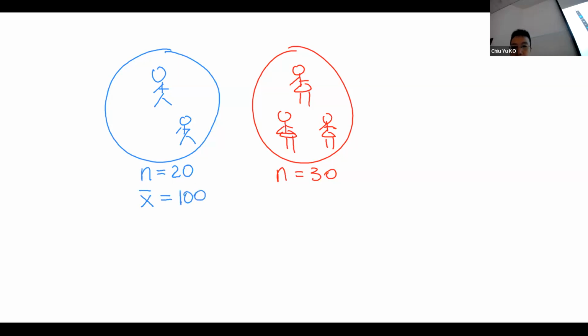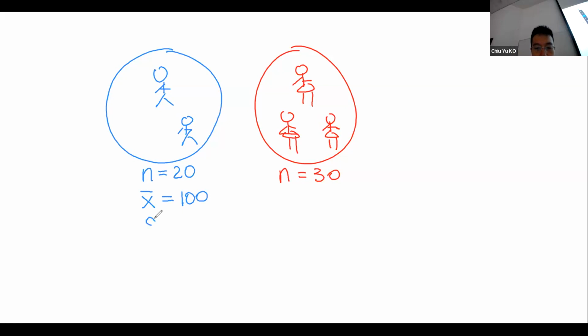And S is 10 here. And X bar is 120. And S is 15. Let me check if I did the question correctly. Yeah, let's see.